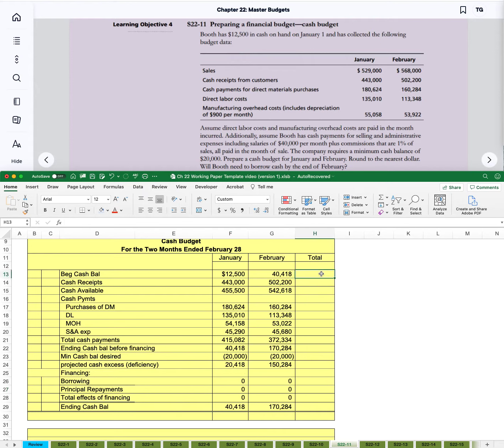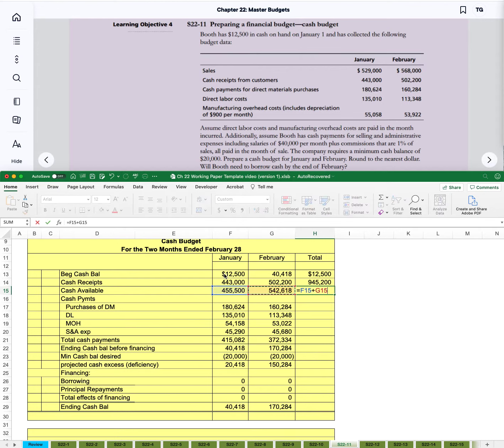So then in our total columns, just a couple things to be aware of. Our total for beginning cash balance is going to be the January cash balance. Don't actually sum these together. The cash receipts we will add together. And so for cash available, you can go either direction.